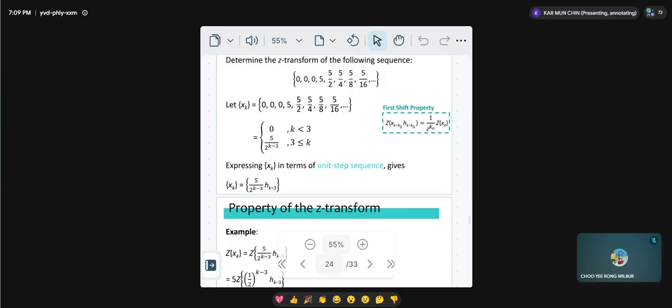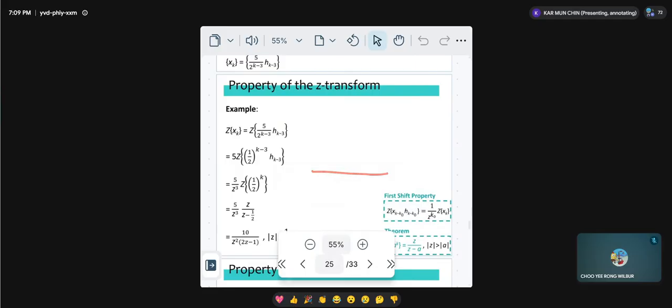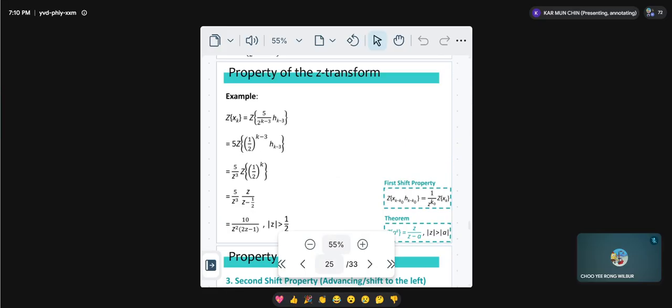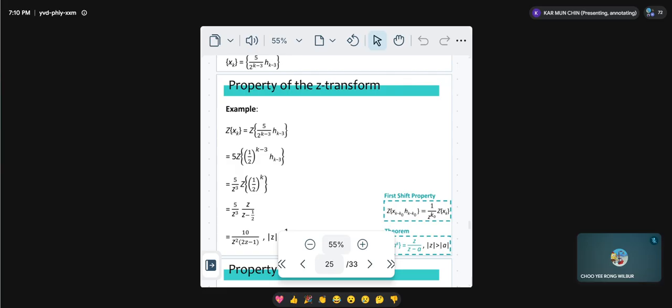So once you form this unit step sequence, you can start to do the Z transform. In this case, you can see 5 is actually the coefficient, right? Because you can get 1 over 2 to the power of k minus 3.